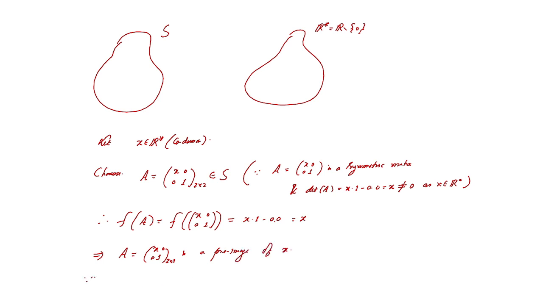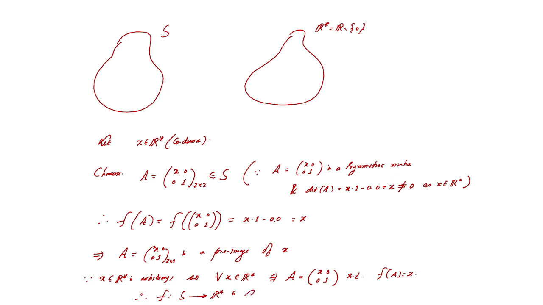Since x belonging to R star is arbitrary, for all x belonging to R star, the codomain, there exists a matrix A of the form x, 0, 0, 1 such that F of A equals x. And hence we conclude that F from S to R star is surjective.